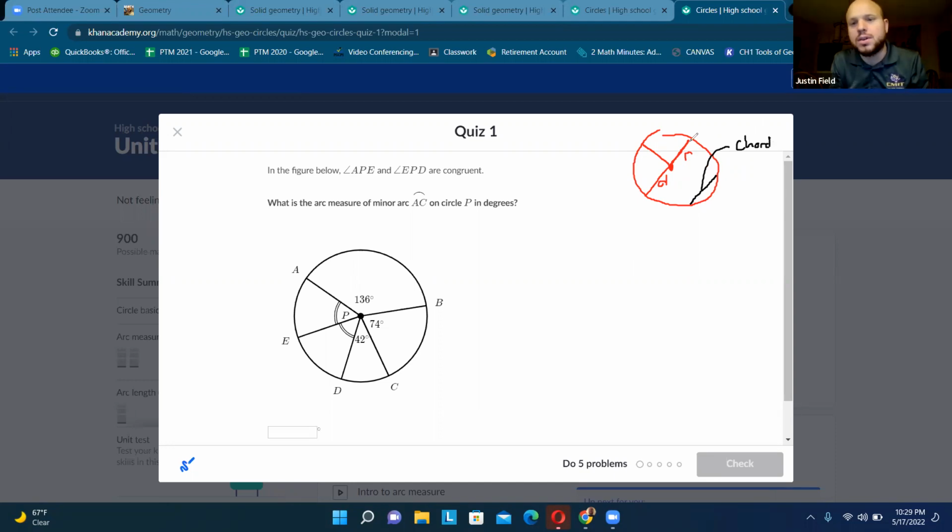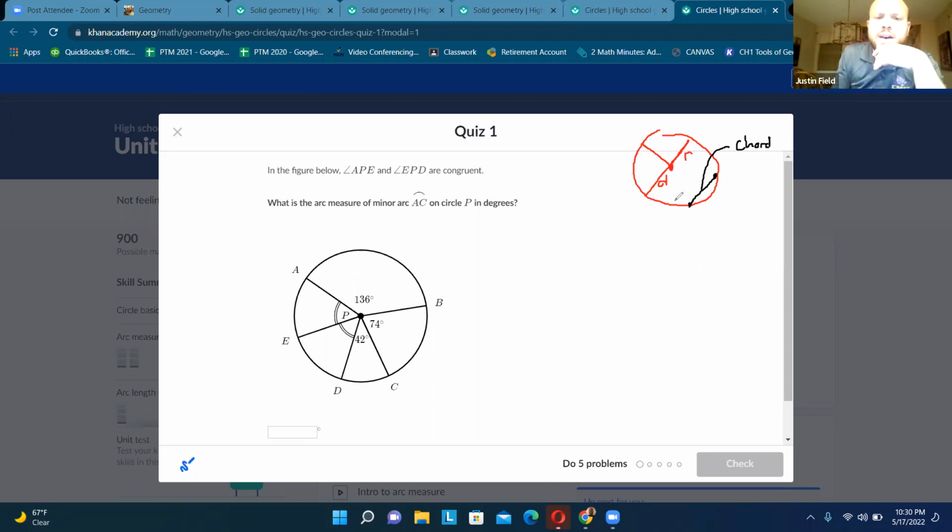A diameter is a chord that goes through the center, but there are all sorts of chords that go from one part of the circle to the other. If they don't go through the center, they're just not a diameter. Radius is not a diameter chord because it starts at the center and goes to the edge.